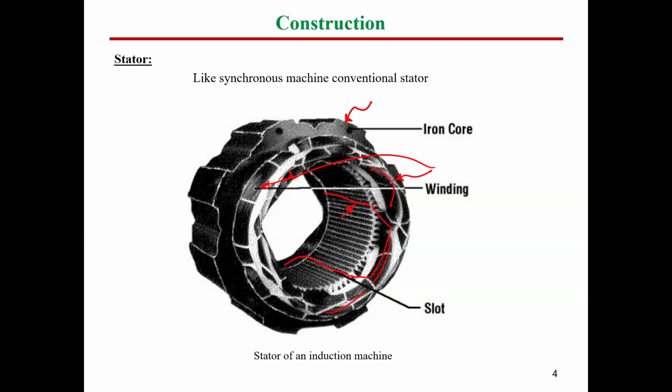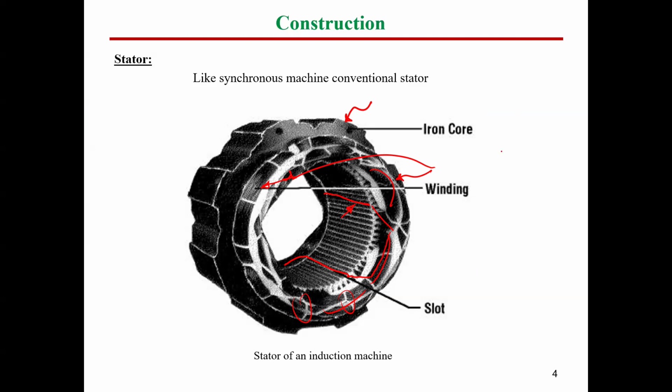After inserting the machine windings in slots, we prefer to have some insulators covering the windings of the machine, and at the same time you will find the zip tie fixing the windings inside the stator. So here is the conventional stator that we used to see in the synchronous machine.